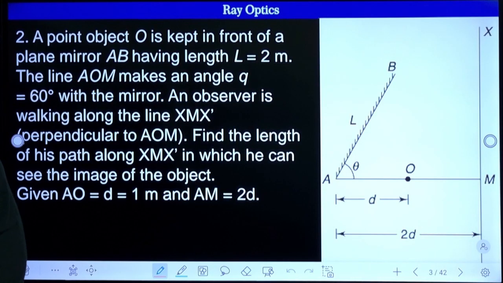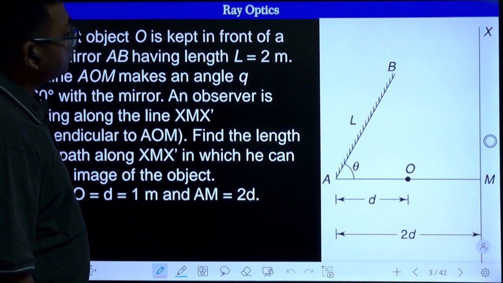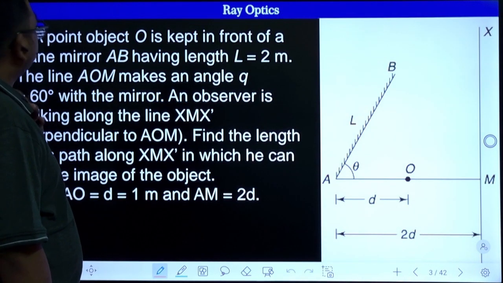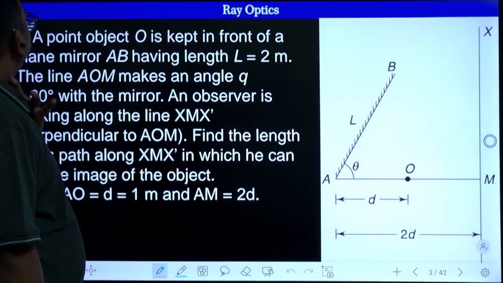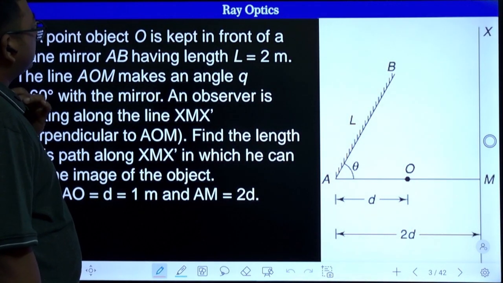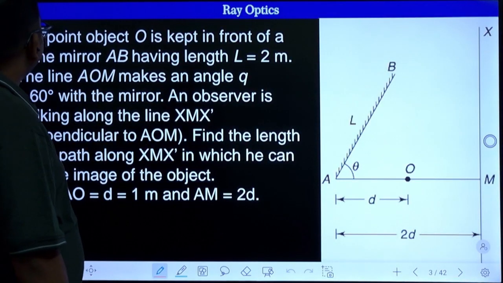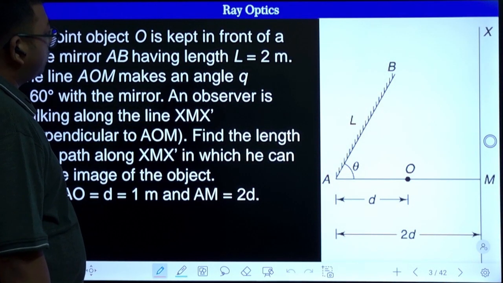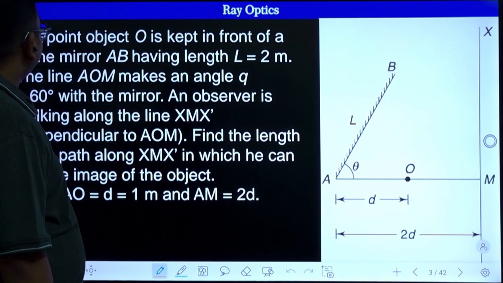There is a point object O kept in front of a plane mirror AB having length 2D. Here the diagram is given. The mirror is inclined, and line AOM makes angle theta with the mirror.